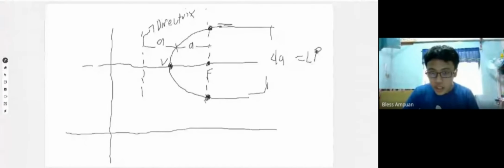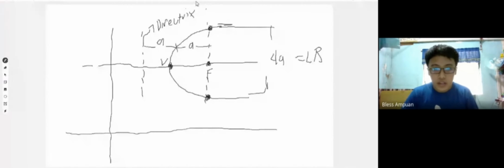This is the point of the latus rectum, or this is its length. So this is the latus rectum. Our focus is just a point from the vertex to here.